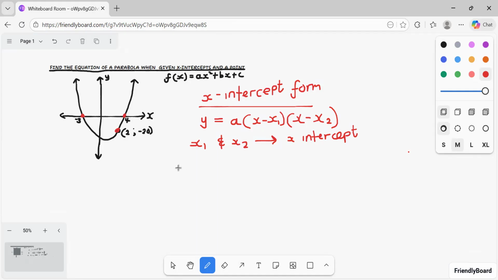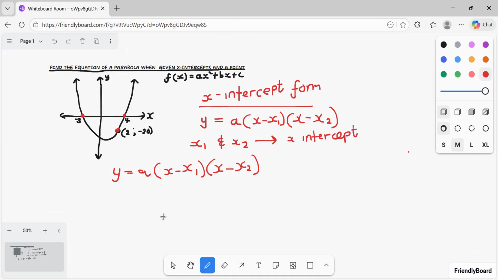I'm going to write the x-intercept form one more time: y is equal to a, x minus x1, and x minus x2.